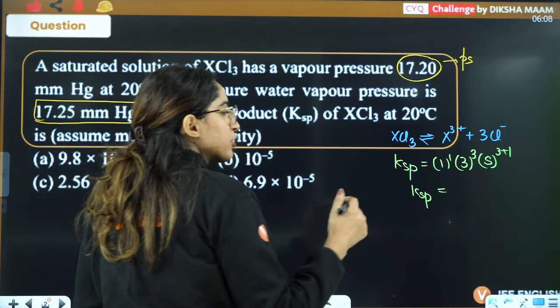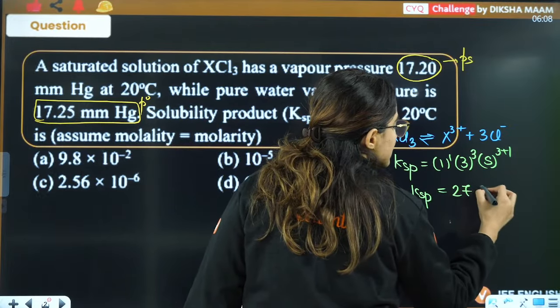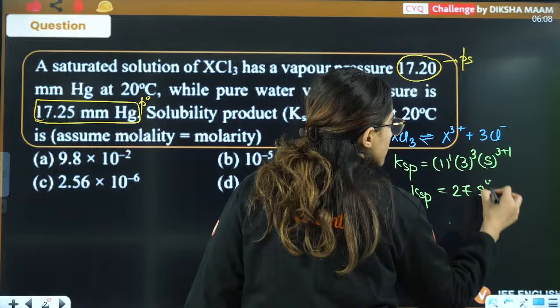So Ksp is 27 S to the power 4. All you have to find out is the value of solubility, which means finding the concentration here. The concentration of HCl3 will give you the concentration of X3 positive.